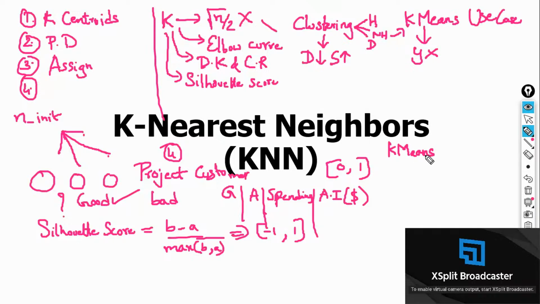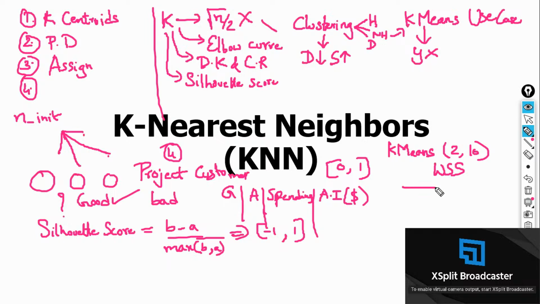This k-means actually helped us to perform customer segmentation, where initially we went with different values of k starting from 2 till 10. Once we had taken different values of k, we understood what is within sum of squares. With respect to the scree plot, the elbow curve, we decided what should be the optimal number of clusters.